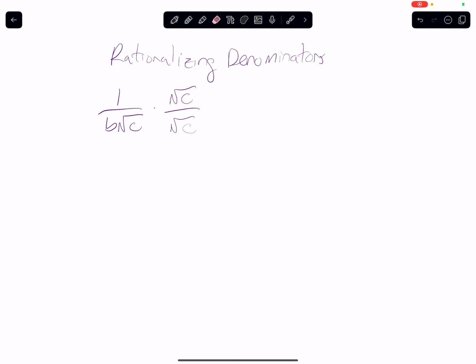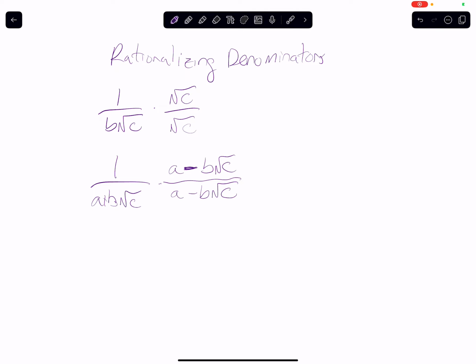So in the denominator, if we have a plus b square root of c, then we would need to use the conjugate to multiply by it, which is a, and we change the sign from plus to minus, b square root of c divided by a minus b square root of c. So we'll go through examples of what this means.